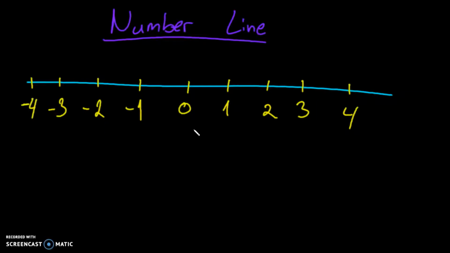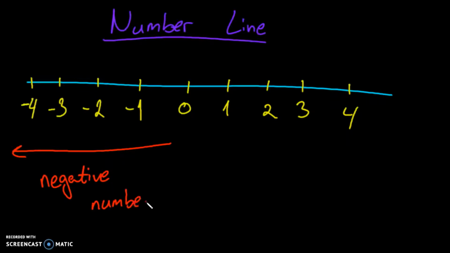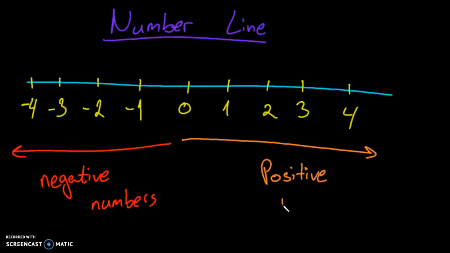Now, numbers that are below 0 are called negative numbers. And numbers that are greater than 0 are called positive numbers.